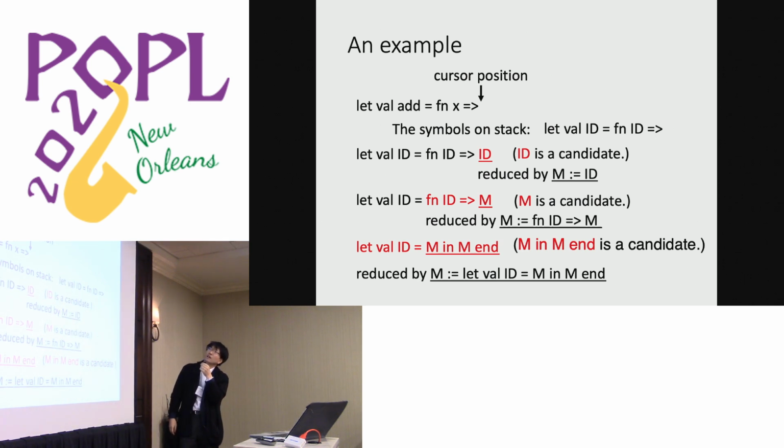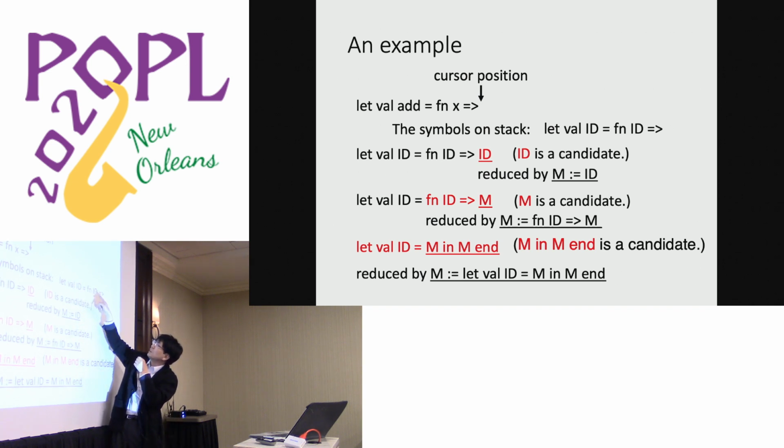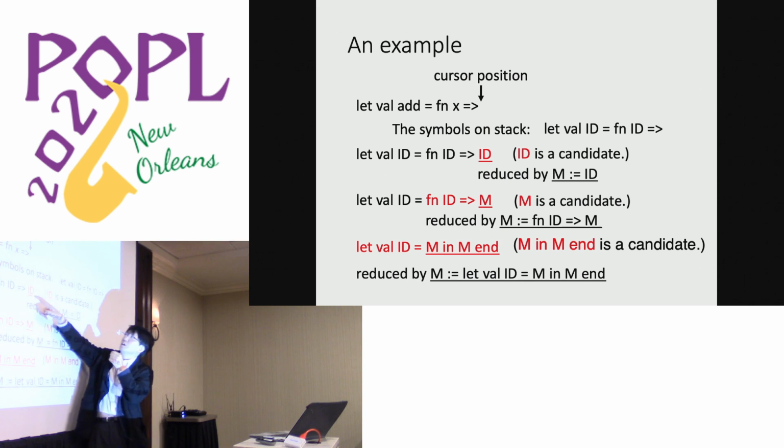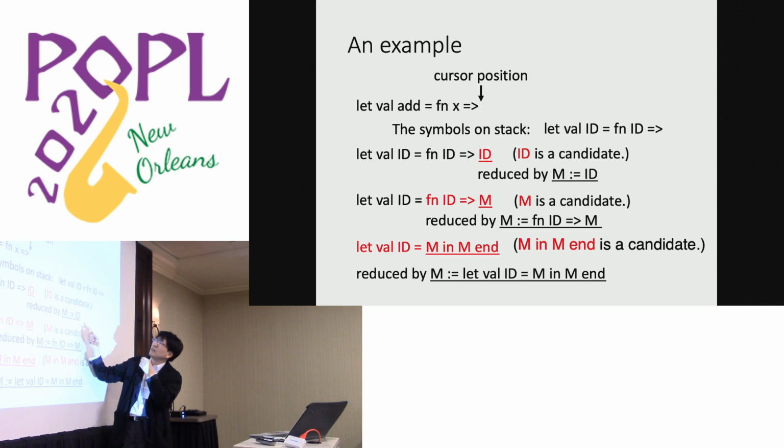At this point, the symbols on the stack in the error parser become like this. I omit the states, just the symbols. Then add becomes ID and x becomes ID. So the stack is this one. Then one candidate is ID, because by inputting ID, then ID can be reduced by this production, m is equal to ID.